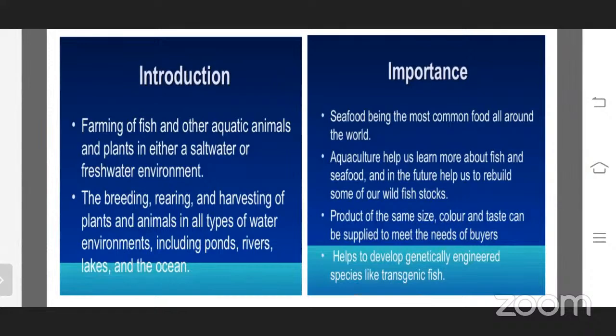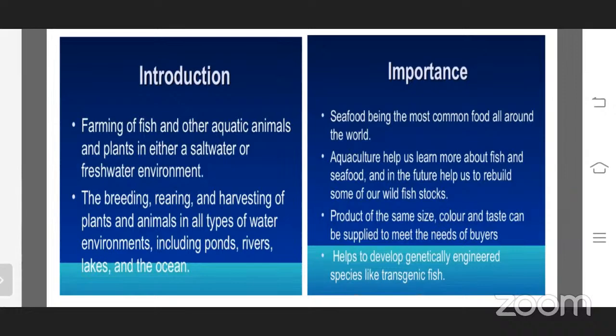In this chapter and syllabus, we learn about transgenic fishes. Transgenic fishes mean their genetic quality is changed, and then ultimately we get more productivity and more benefit from aquaculture. So that is the importance.